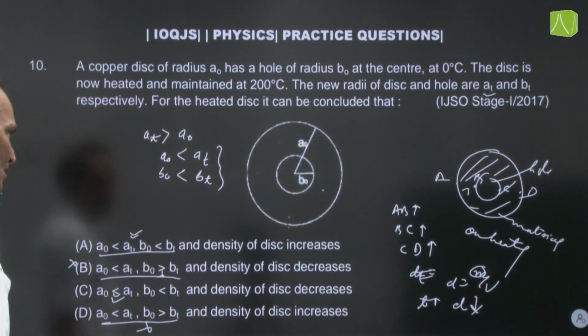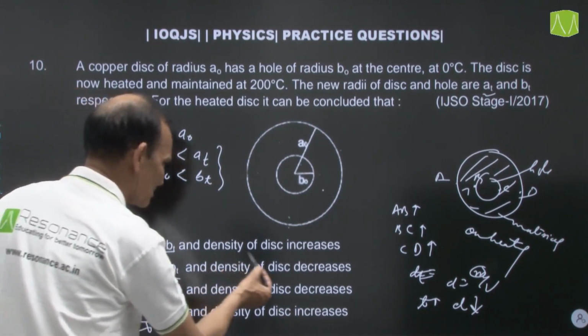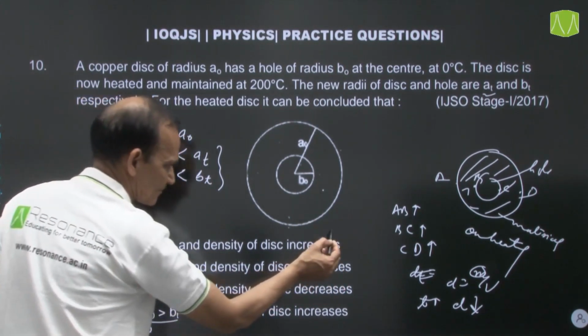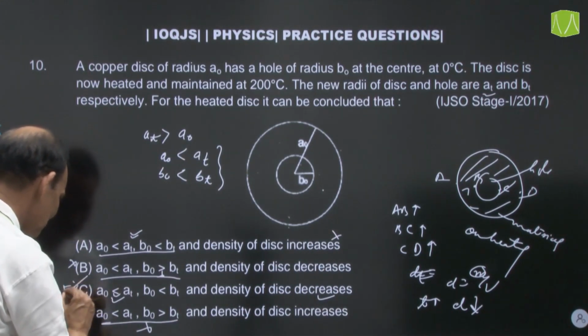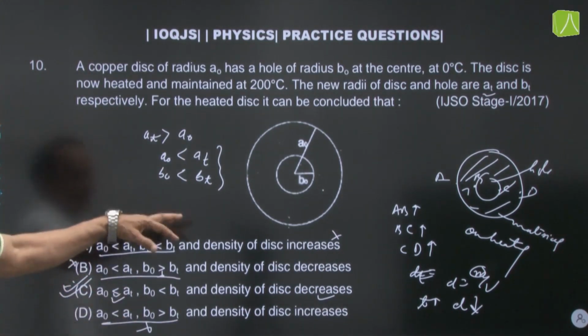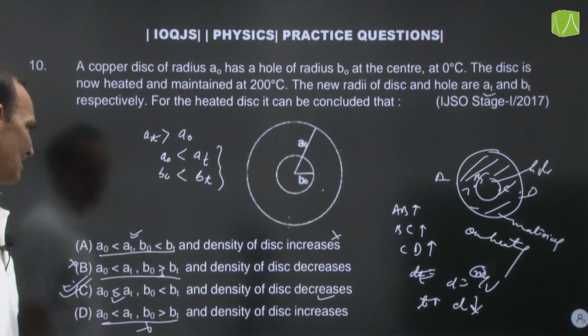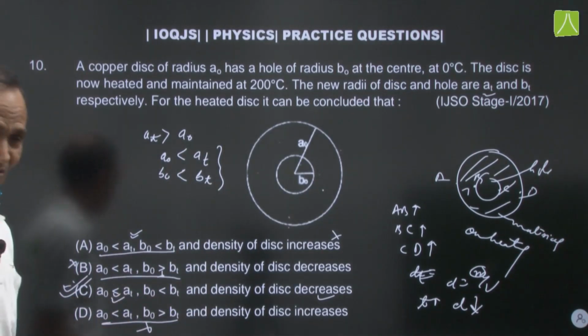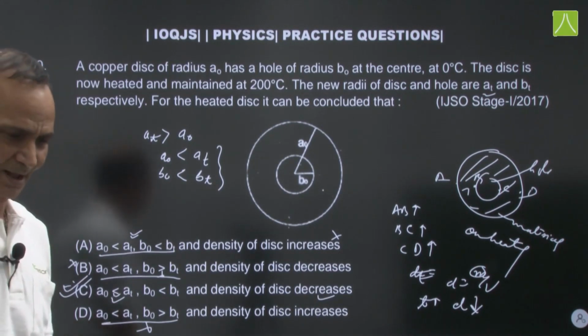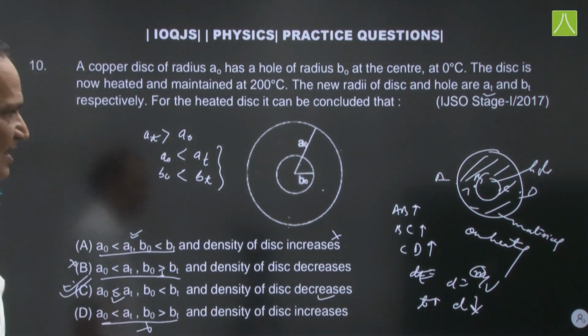So now see, density increases is not possible, so this one seems correct. So correct answer is C, A is less than AT, B is less than BT, and density of the disk decreases because its volume on increasing the temperature will increase, so density will decrease. So correct option is C.